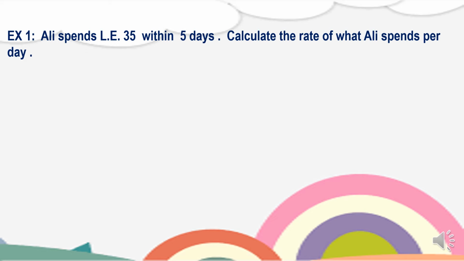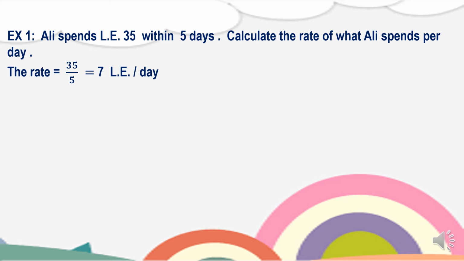Exercise number 1, Junior 6. Ali spends 35 LE within 5 days. Calculate the rate of what Ali spends per day.